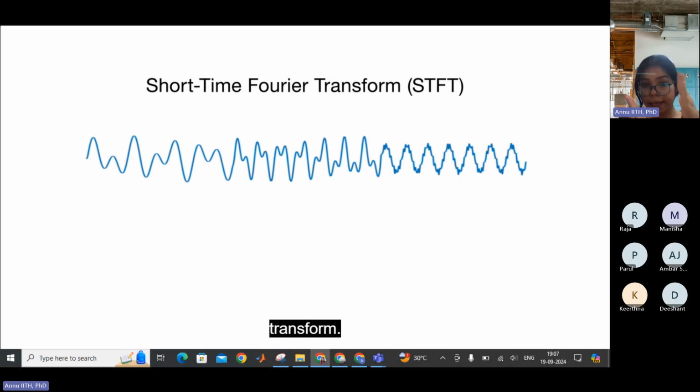We are just calculating the area, because e^(-j2πft) has two harmonics: e^(jθ) equals cos θ plus j sin θ. So that is what gives the Fourier transform.